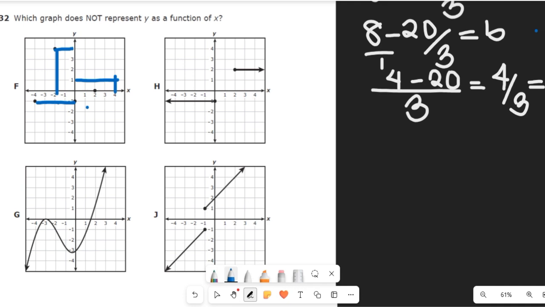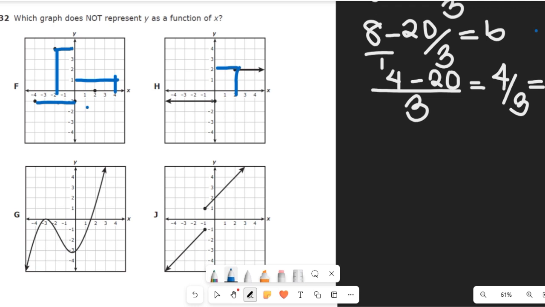For this point, there is a corresponding value of x, which is 2, and a corresponding value of y, which is 2. For this point, there is a corresponding value of x, which is 0, and a corresponding value of y, which is negative 1. So that represents a function.